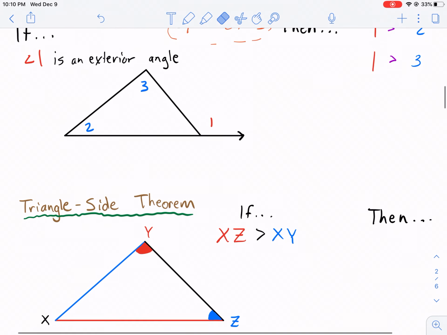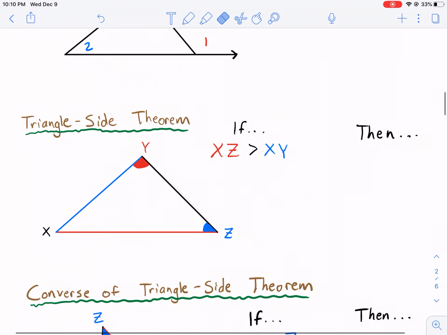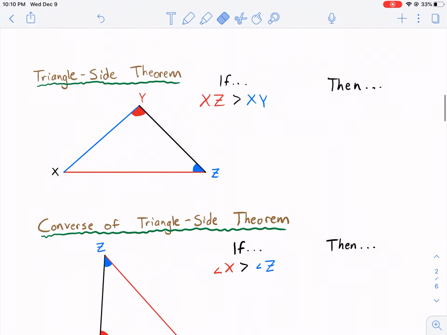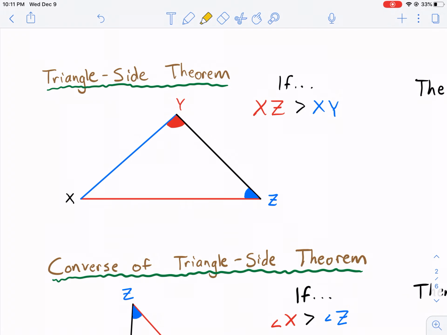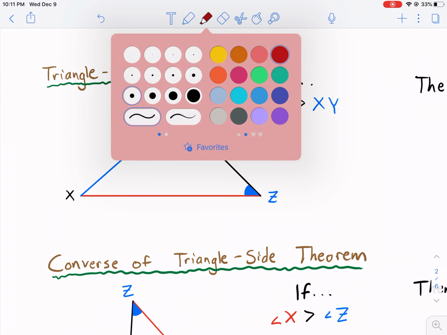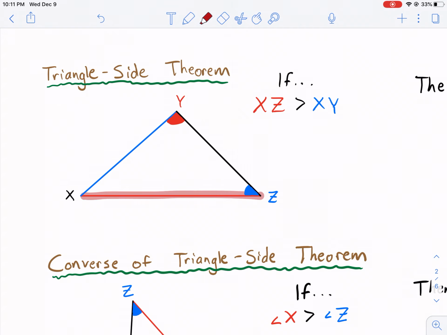Triangle side theorem. This one's important, okay? And this is a difficult concept to prove or to demonstrate virtually, but I'll do my best. Triangle side theorem says if XZ is greater than XY, okay? So we have to identify, let's highlight these two sides first. So XZ is this side right here. So this is XZ.